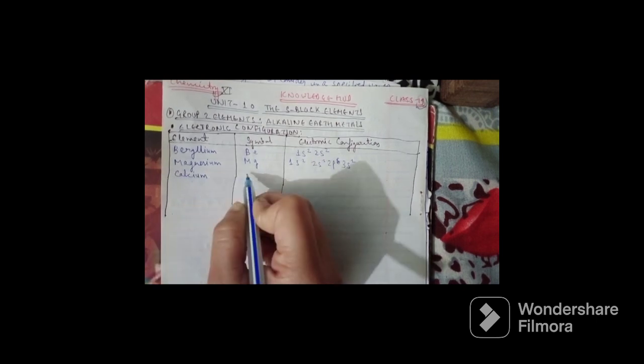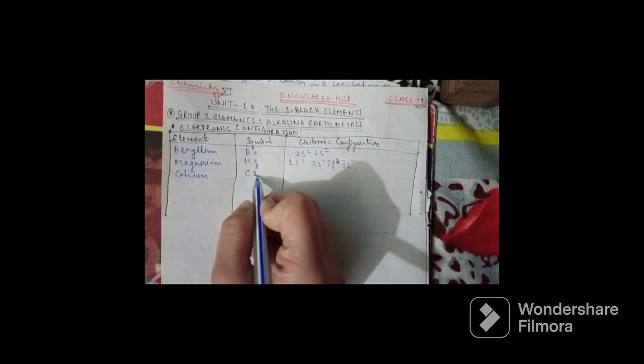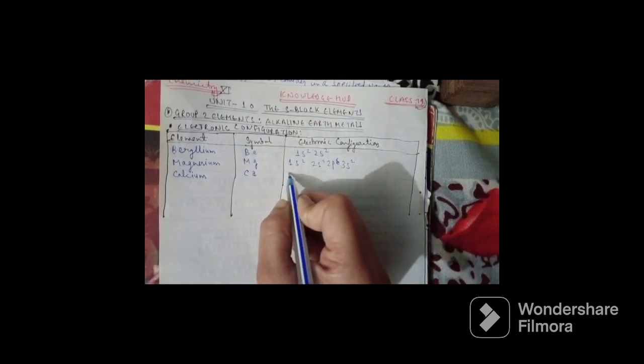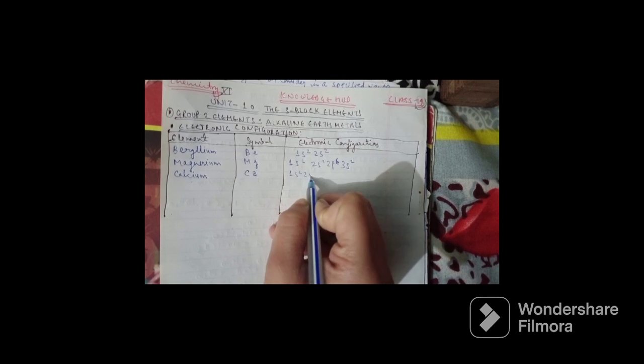Another element is calcium. The symbol is Ca. The electronic configuration is 1s2 2s2 2p6 3s2 3p6 4s2.